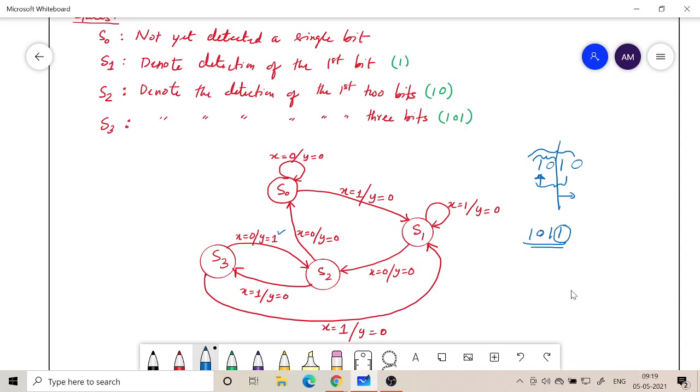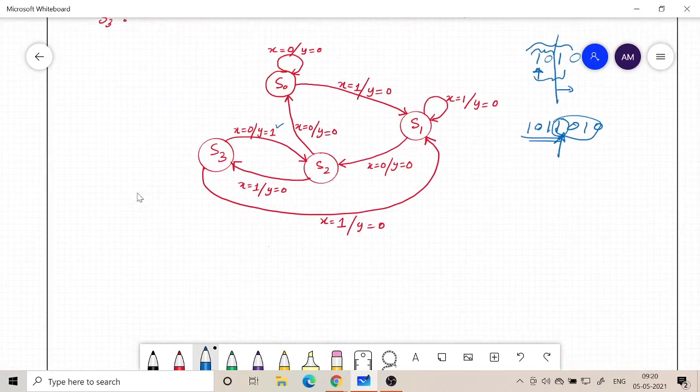So I will not go back to S0, I will go to S1, because I will make use of the last one as the beginning. I can have a 1 0 1 0 coming like this and detect the sequence, right? Clear? Yes, sir.